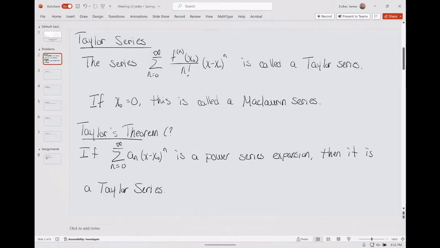I'm just gonna put a question mark there because I don't know if that's actually Taylor's theorem. Taylor's theorem might be something else related to the series. But that is a theorem: the only power series expansion is the Taylor series.